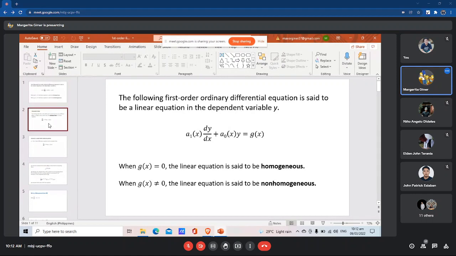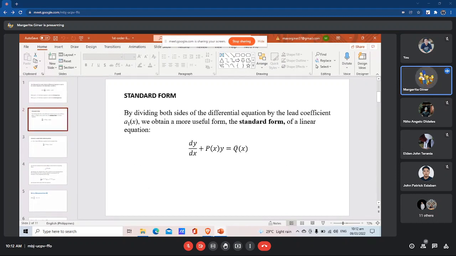Okay? Now, let's proceed. The standard form, remember class, is obtained by dividing both sides of the differential equation by the lead coefficient a1 of x, and we obtain a more useful form. The standard form of a linear equation will be this one.